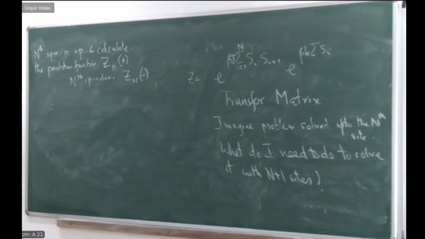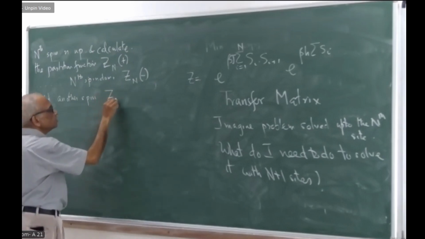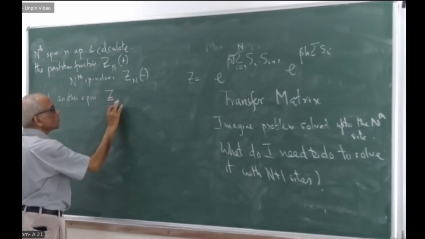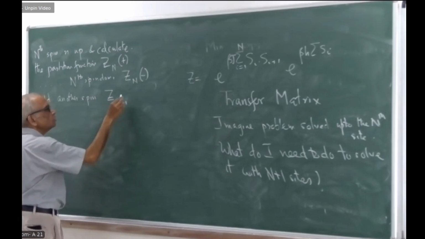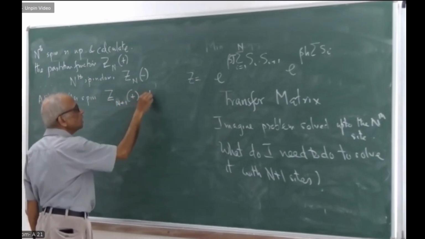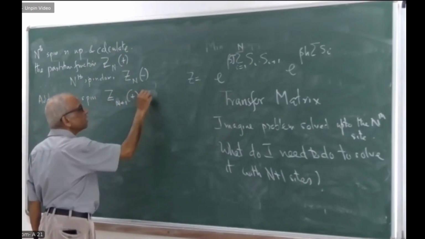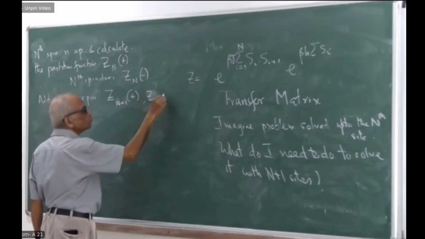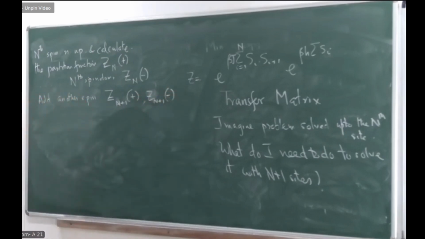Now I imagine that I add another spin, and we now have Zn plus 1 plus and Zn plus 1 minus.